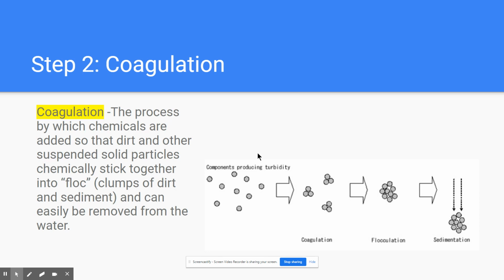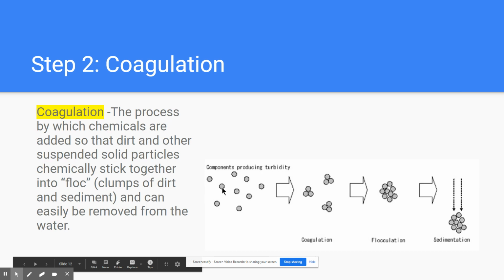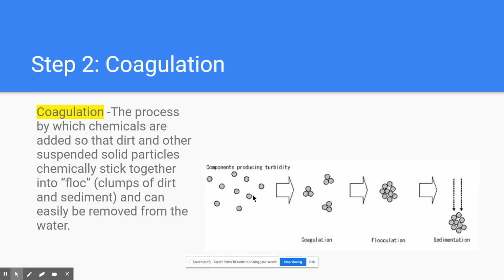So if you look at this visual, I searched the internet for a while to try and give you the best visual that I can. So you can see that these little pieces here, these particles would be the waste. And by adding a coagulant, which is a chemical, they actually put a chemical into the water once it's been aerated. That chemical, sometimes referred to as a coagulant, makes all those nasty particles come together.